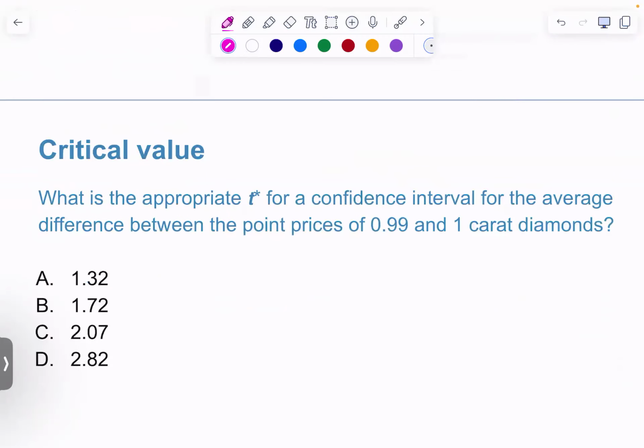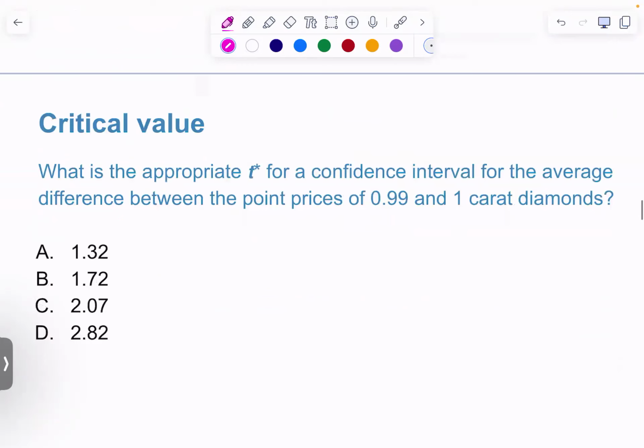So if you wanted to make a 90% confidence interval, for a 90% confidence interval, we still need our degrees of freedom, which we said is the minimum of 29 and 22, which is 22.